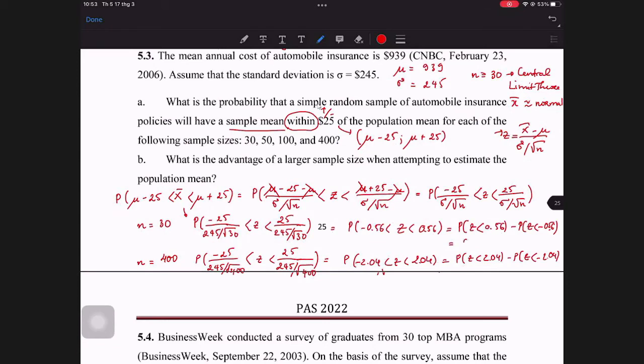We have 0.4246 here, and we have 0.9586 here. You can do the same for the cases when n equal to 50 and 100.